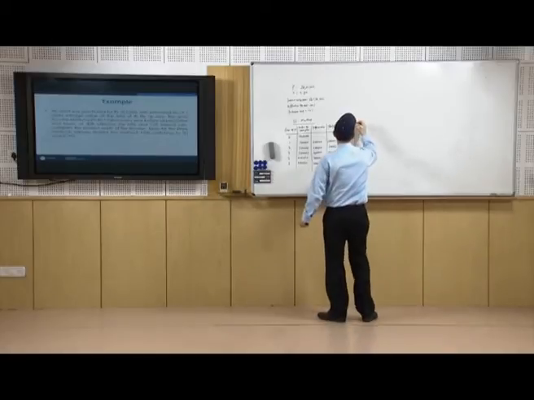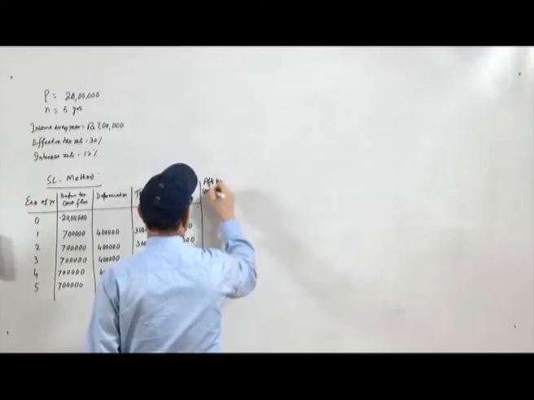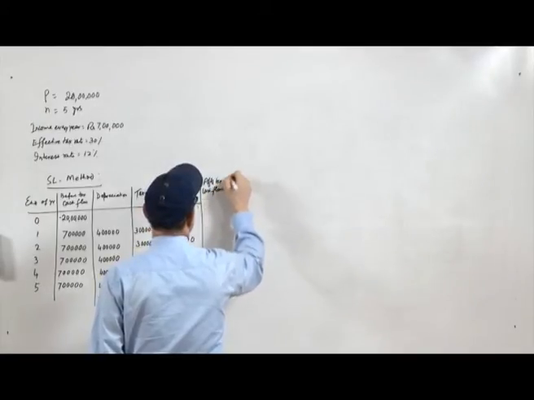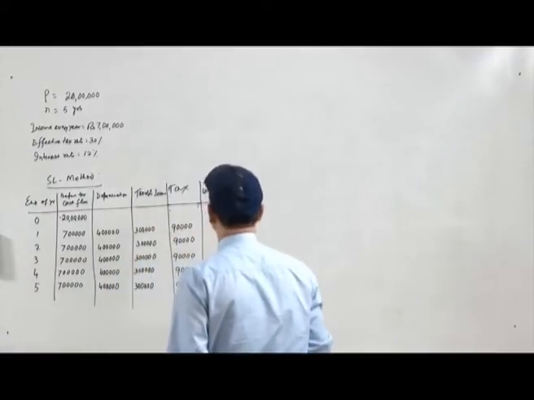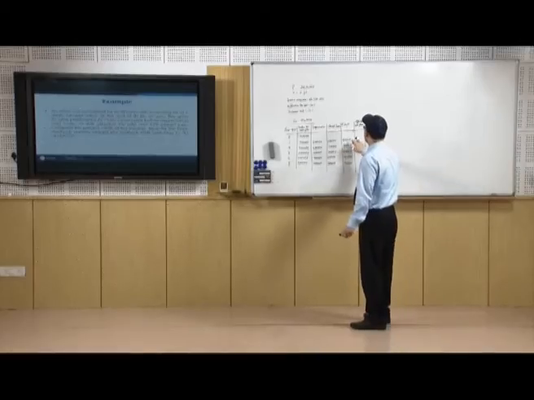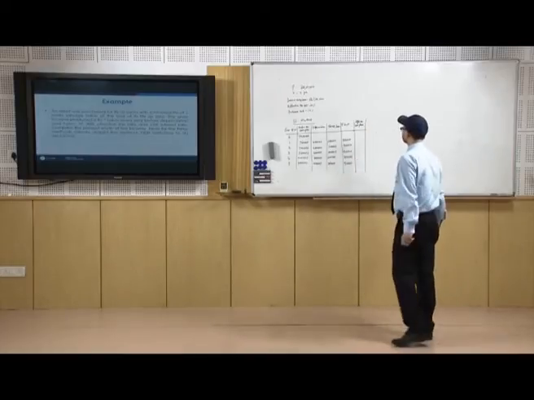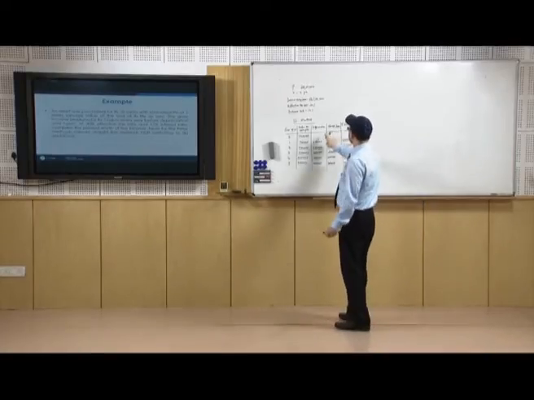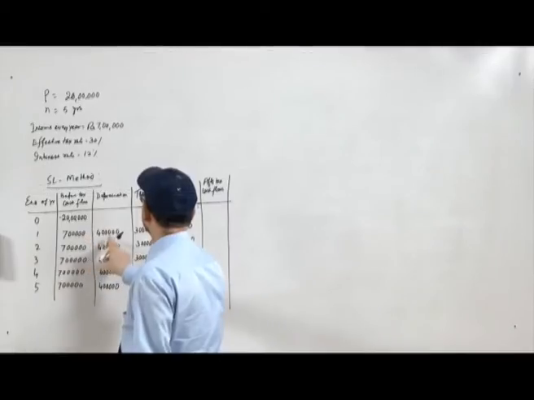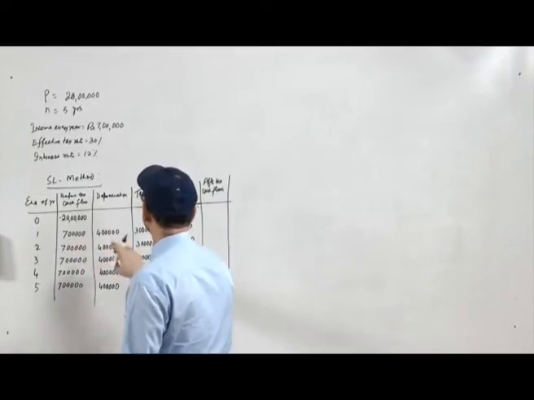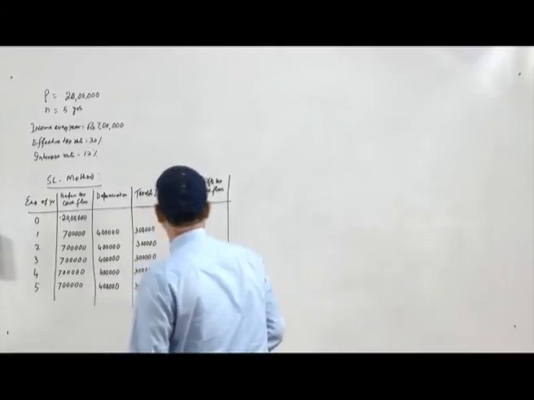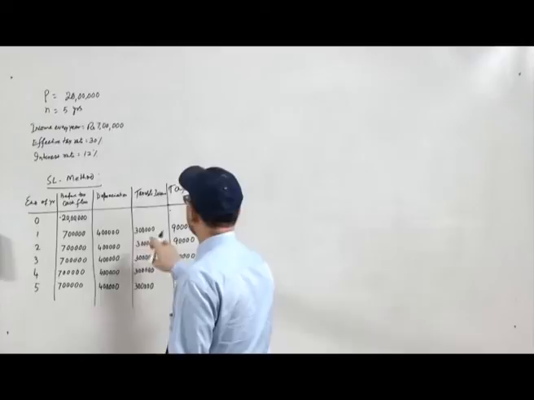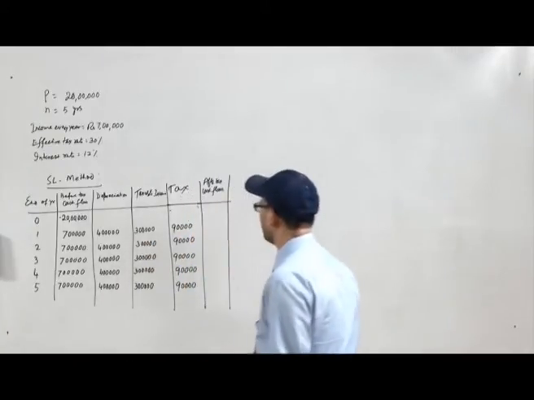The tax is not on the 7 lakh, but on the 3 lakh, so that comes to 90,000.